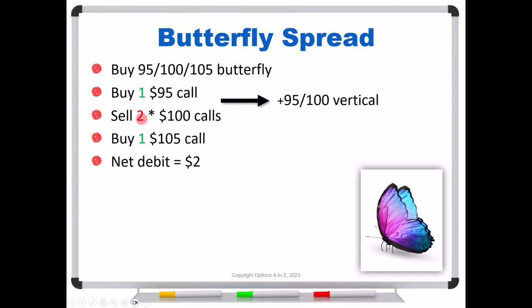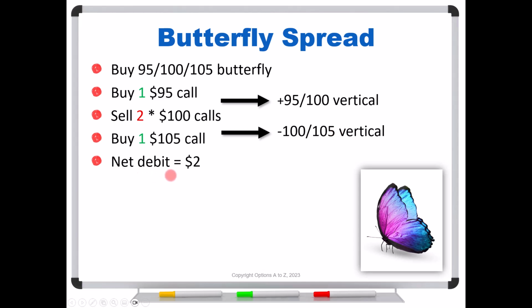Well, now we can take this second 100 call that's short, pair it up with the long 105 call, and that is also a short 100, 105 vertical. So the butterfly can be viewed as two vertical spreads. If we're using all calls or all puts, we have a long vertical and a short vertical.